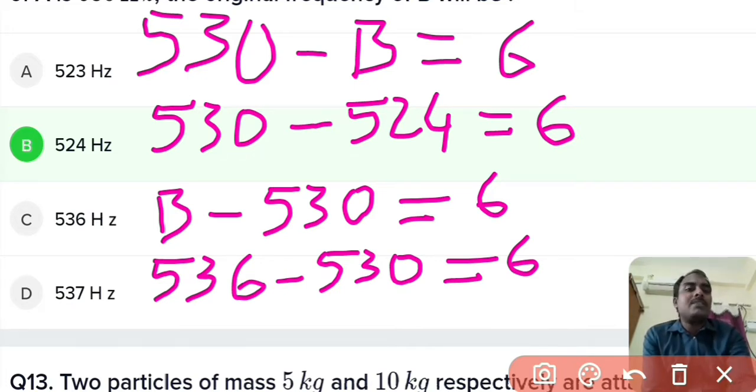It is not becoming 7. But in the problem it is given that the difference becomes 7. If 536 becomes 534, the beat frequency 6 is decreasing. But in the given problem 6 becomes 7. So the original frequency of B should be 524. 524 is the correct answer. So option B is correct.